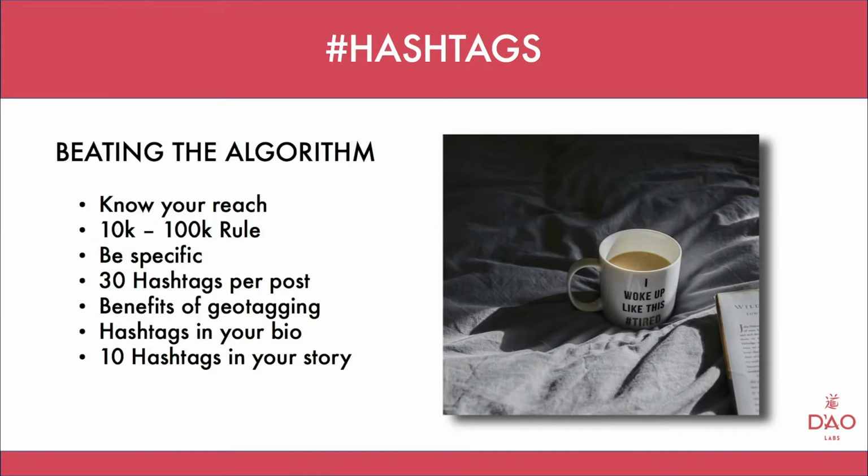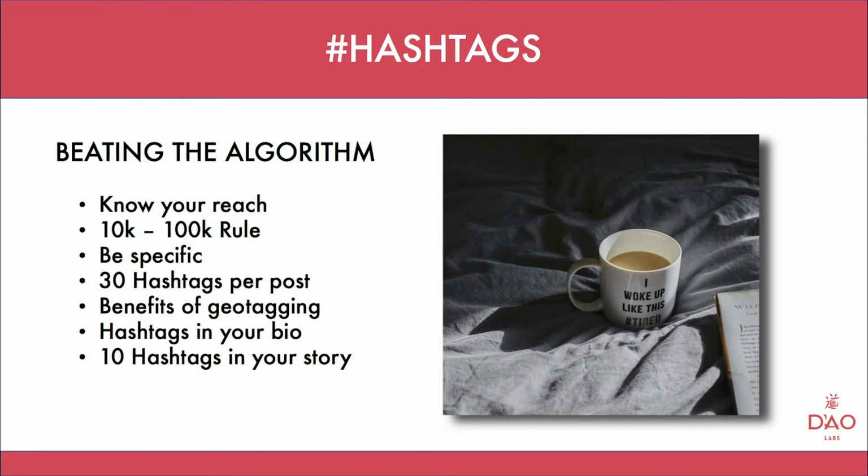So let's talk hashtags. First of all, you need to know what your reach is for your specific account. Assuming that you have a couple hundred to maybe just a couple thousand followers, the general rule for hashtags is you want to find hashtags that have between 10,000 and 100,000 uses. When you start to type in a hashtag, it'll auto-generate some suggestions, and you can see how many times each hashtag has been used.